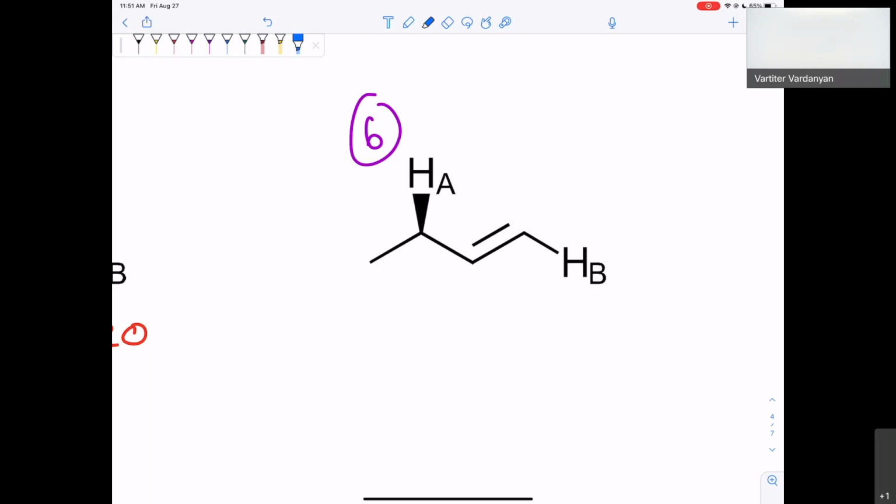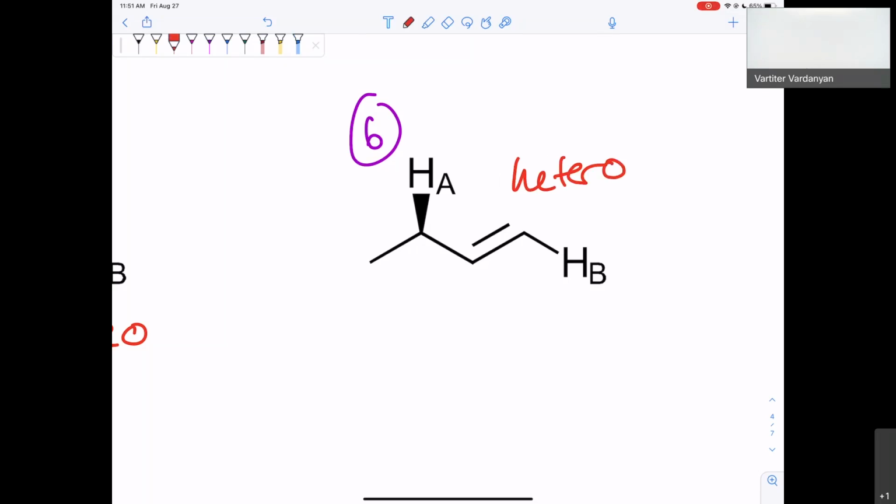So I successfully tricked you. I wanted you to kind of think about that option because it is on a double bond. However, HA is not on the double bond. It's on a completely different carbon somewhere else entirely. So I agree with your first answer. They are heterotopic. Because again, they're just on completely different carbons.